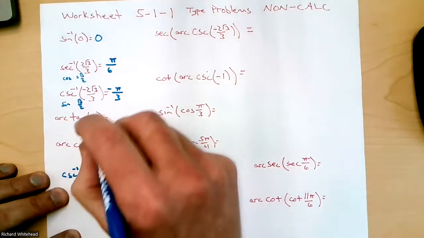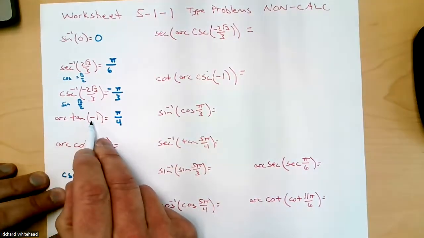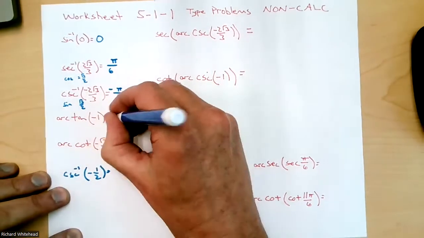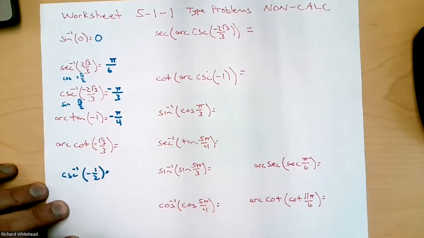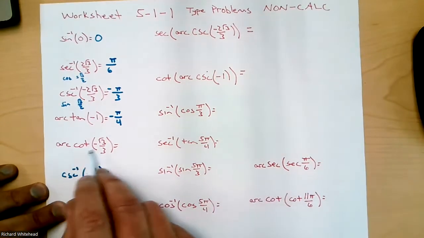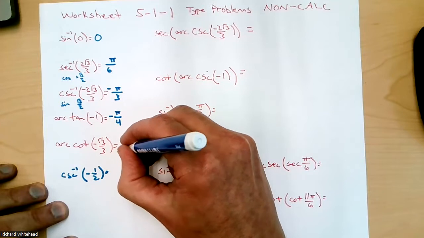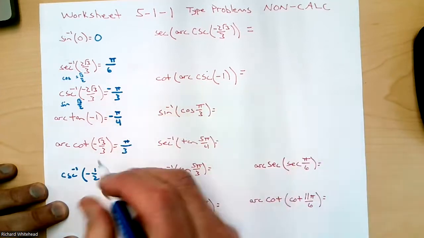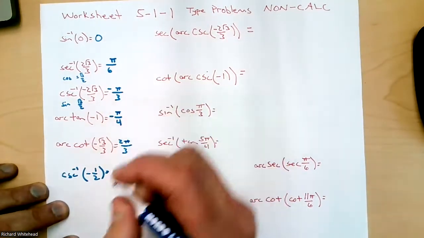When do tan and cotan equal 1? At pi over 4, but it's negative, so we go with the negative reference. Cotan, when does cotan get root 3 over 3? That happens at the 60s, which is pi over 3, but cotan would be in the second quadrant, so that would be 2 pi over 3.